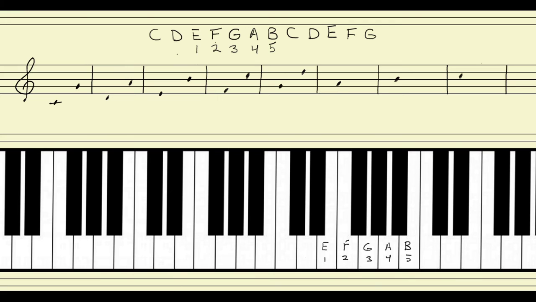A fifth above A is going to be A1, B2, C3, D4, E5. And a fifth above B is going to be B1, C2, D3, E4, F5. In fact, I'm going to do this one right out here, because this one is going to present us with kind of an interesting problem in just a moment.